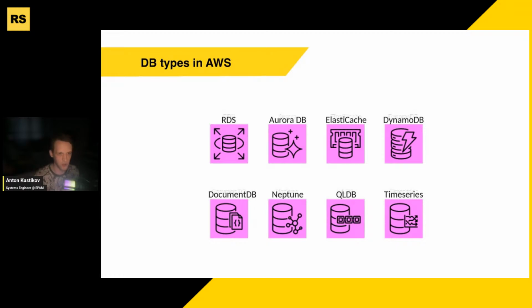But in case of RDS, sure, we can choose MS SQL, and I think there is a bunch of other options, but we'll try to have a look at them today. But in case of AuroraDB, you will not need to think about the replication between your databases and the failover.